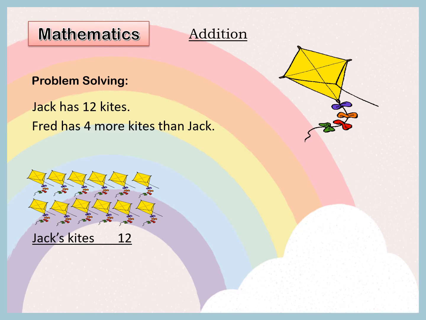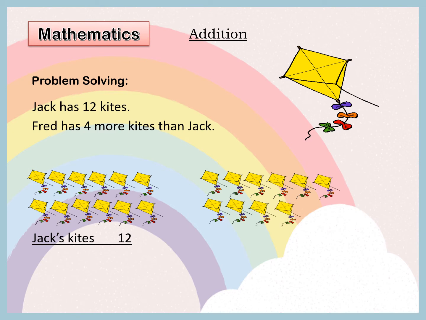His friend Fred has 4 more kites than Jack. So Fred already has 12 kites, plus he has 4 more. Okay? Now we are going to count Fred's kites. So he has 12 plus 4 more. Fred's kites. 1, 2, 3, 4, 5, 6, 7, 8, 9, 10, 11, 12.